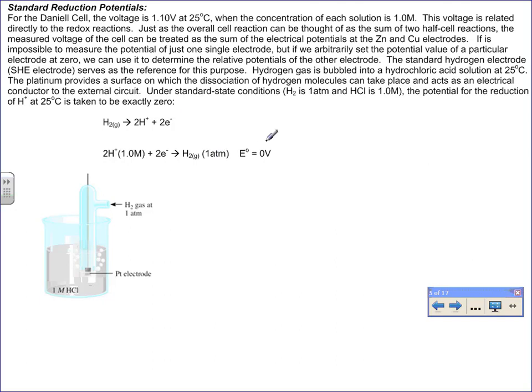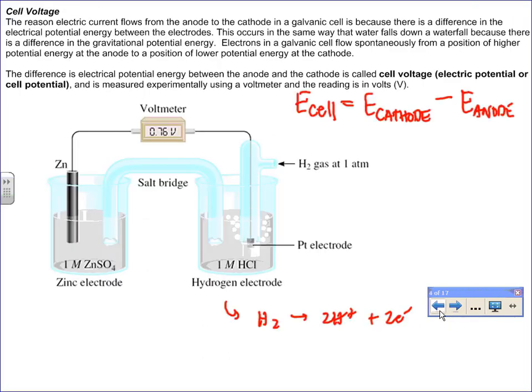Now we've assigned this to have a potential of 0, and we've used it to create a table of standard reduction potentials. And the way that we've done that is by putting everything relative to this particular cell.